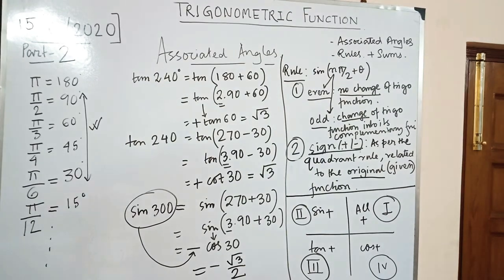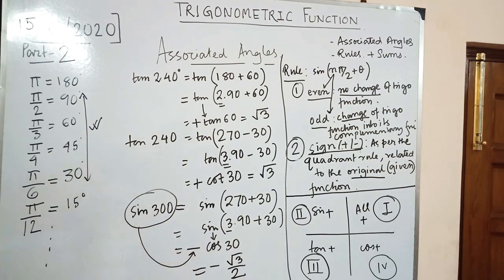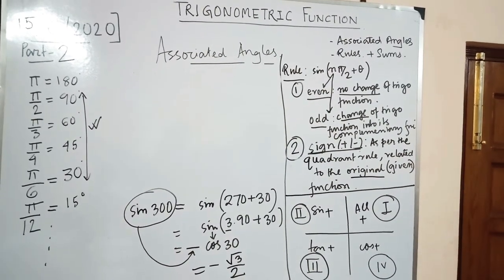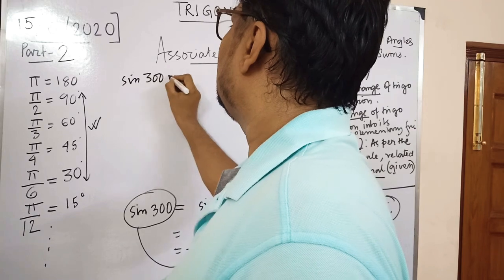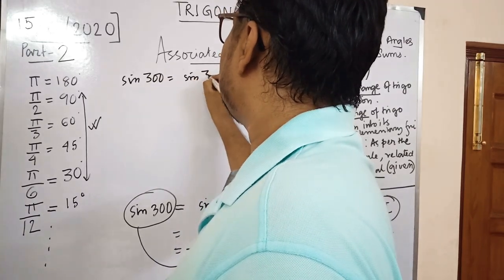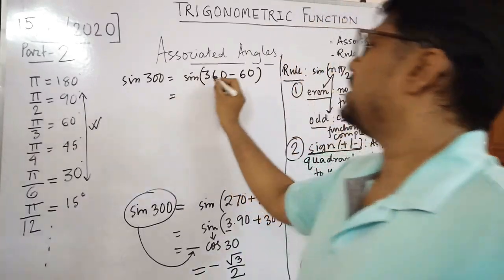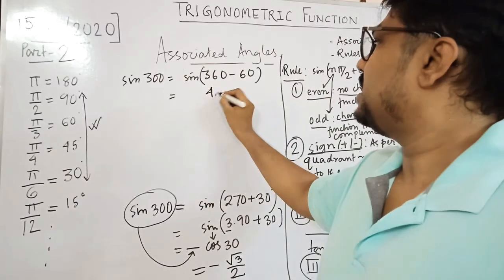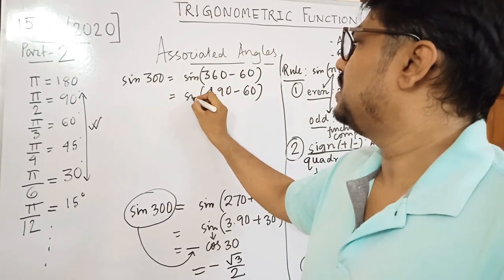If you do sine 300 in a different way, we can also write it as sine 360 minus 60. If we do that, you can see 360 is 4 into 90, which is an even multiple.